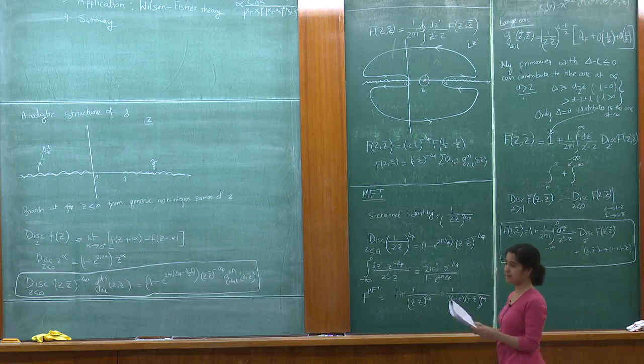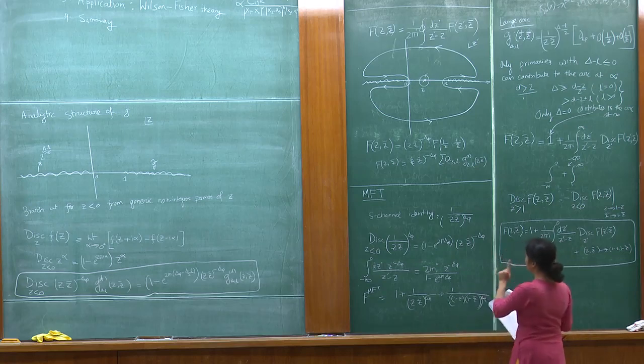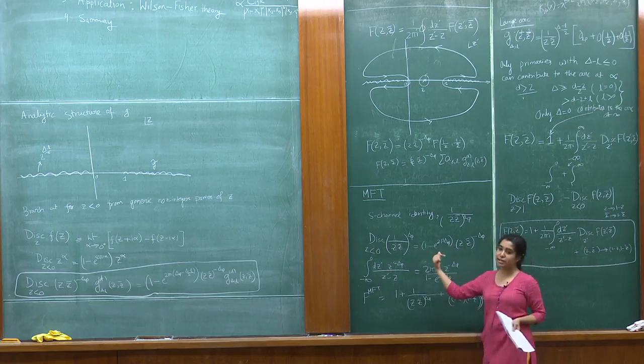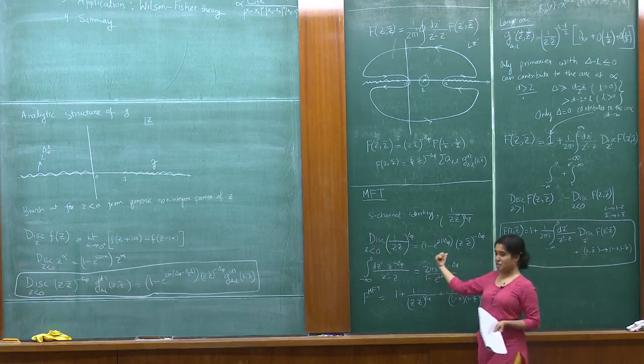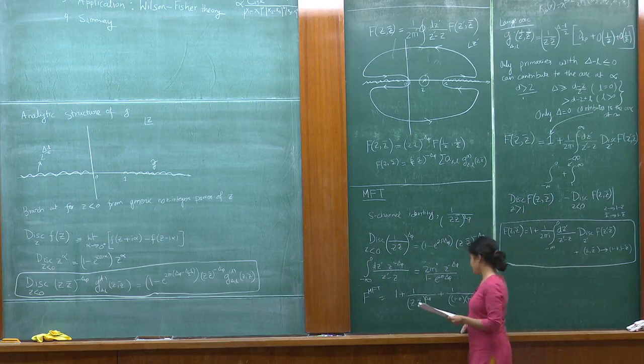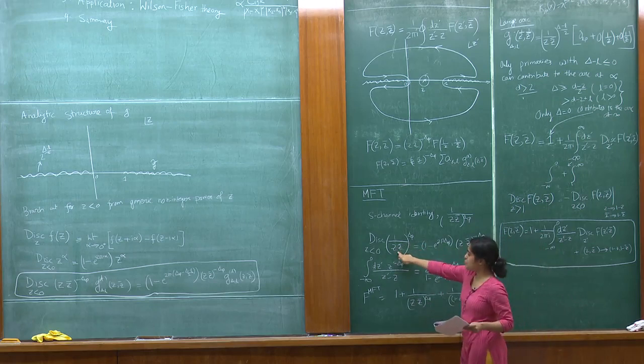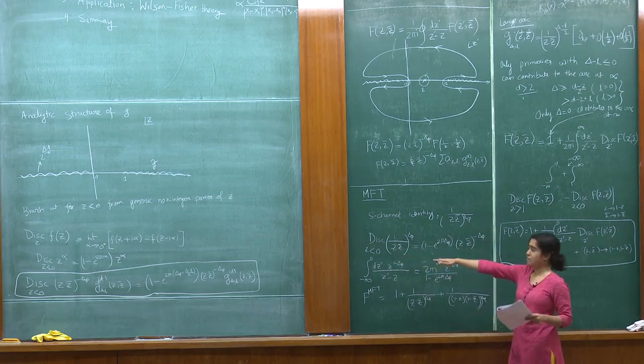One thing I would like to mention is what happens when delta phi is an integer. Then this is 0, but when it is an integer, it means that it has poles at z equals 0.